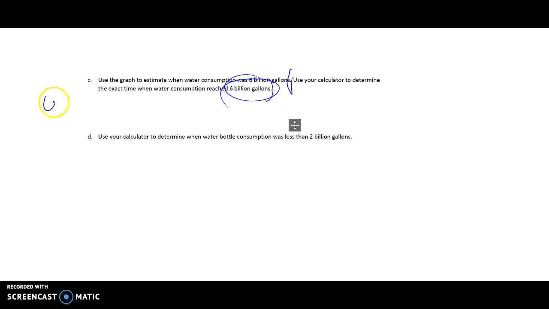It's a number bigger than a million. Here's 6 million. 6 billion has 3 more zeros. So remember, our scale is already going in millions, so we're accounting for all of these already, which means when I ask you for 6 billion, I'm really looking for 6,000.